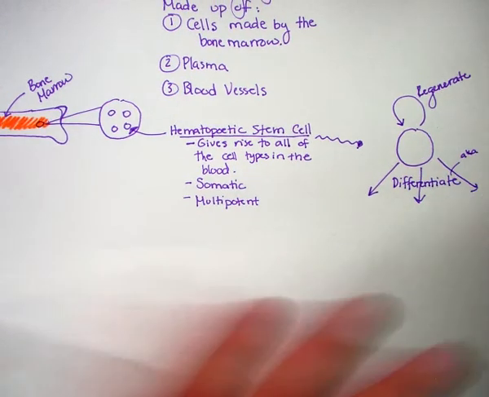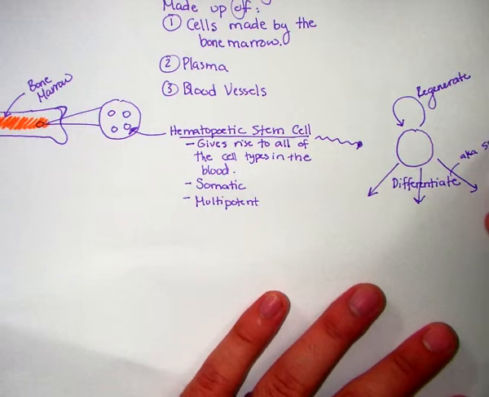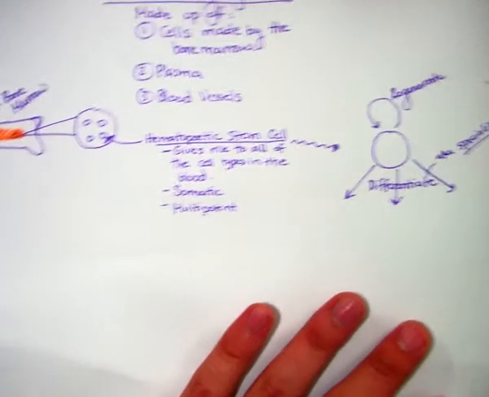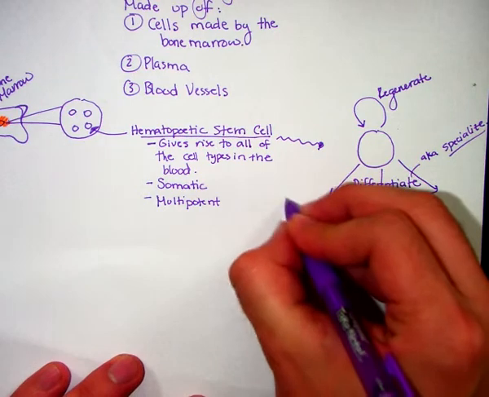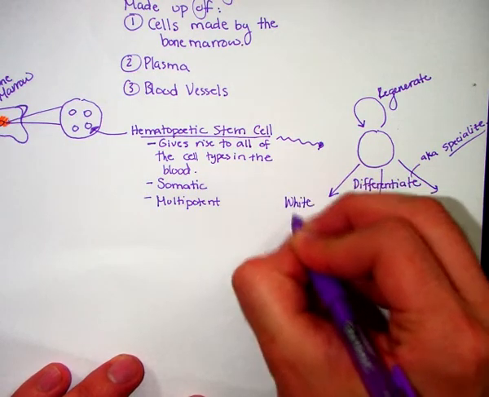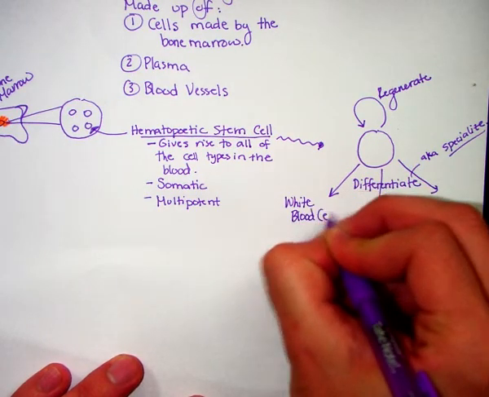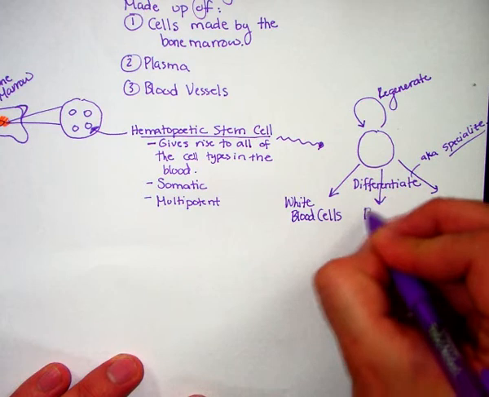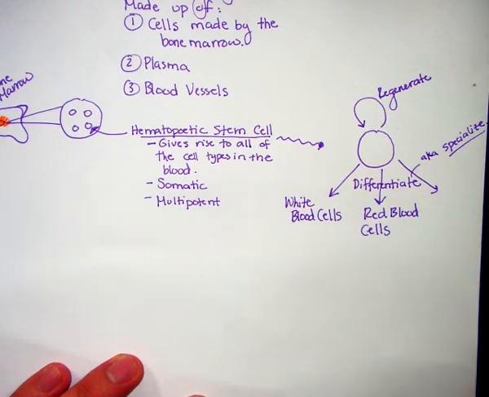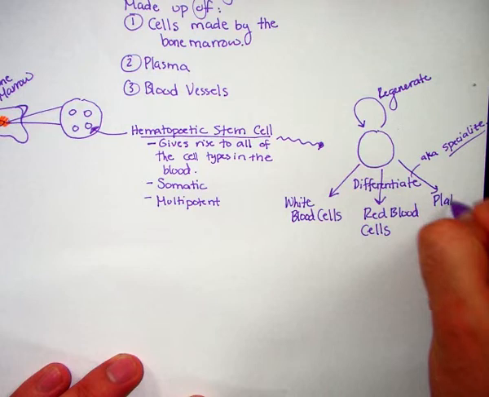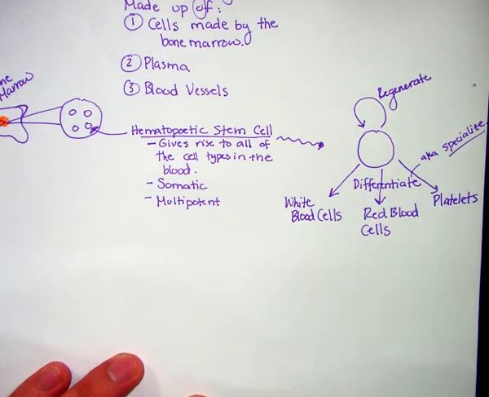So it can become specialized. And the three major cell types that it can become, one, we've heard before, are white blood cells. Two are red blood cells. And three are platelets. Those are the three major categories.